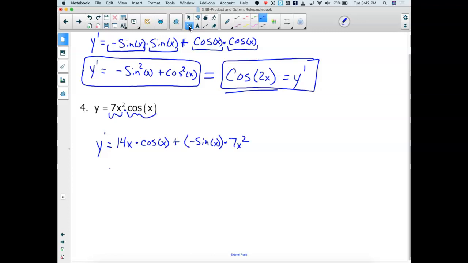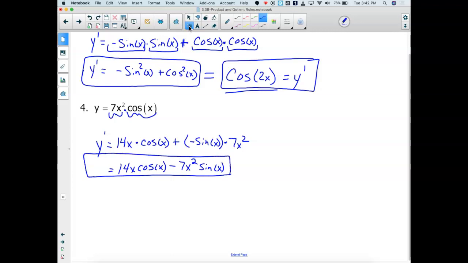And then I clean it up and I say 14x cosine x, positive negative means minus 7x squared sine x would be my derivative, okay?